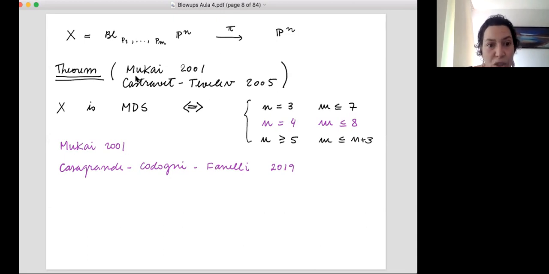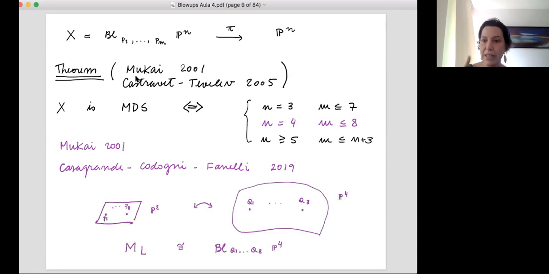What they did then is to show that in the case when you have 8 points in P4, you can look at the Gale dual points. So you start with 8 points in P2, then you look at the Gale dual points, you get 8 points in P4. And this blow up of P4 at 8 points can be realized as a moduli space M_L.